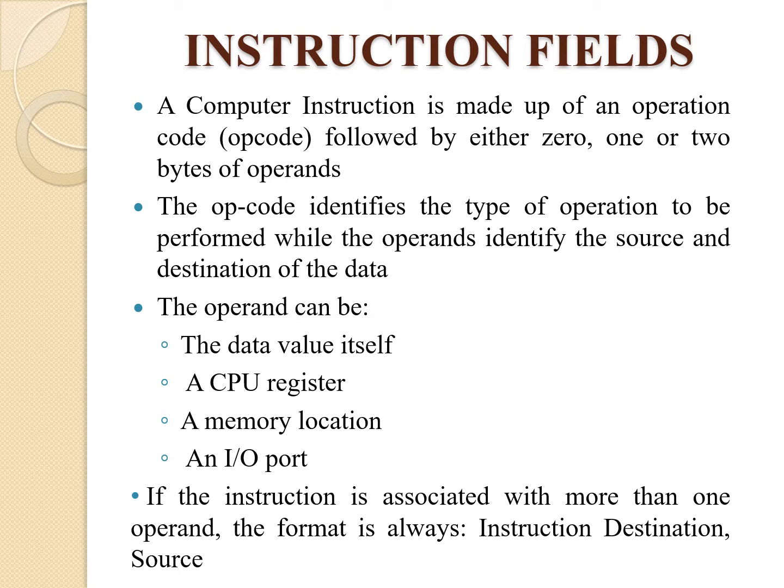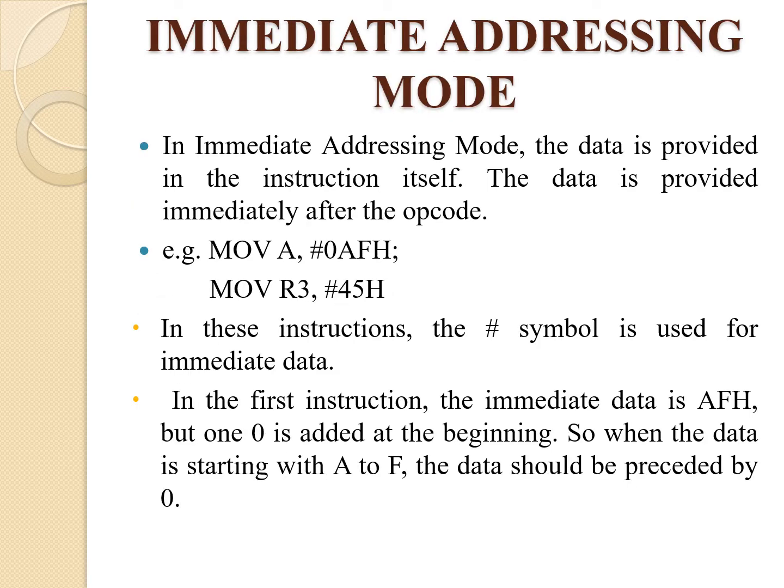The operand can be the data value itself, a CPU register, a memory location or an IO port. If the instruction is associated with more than one operand, the format is always instruction destination, source. Destination is where the value after the instruction is going to be stored.